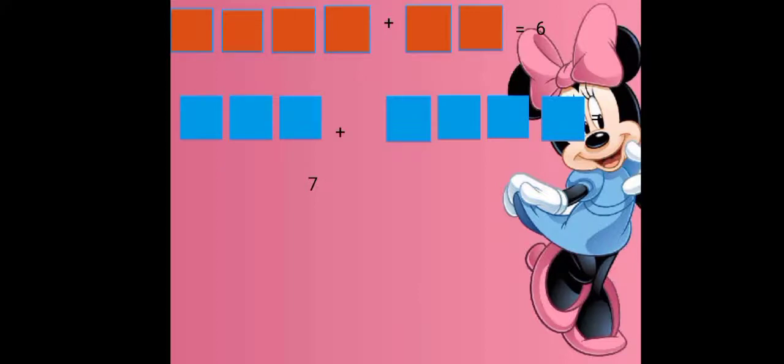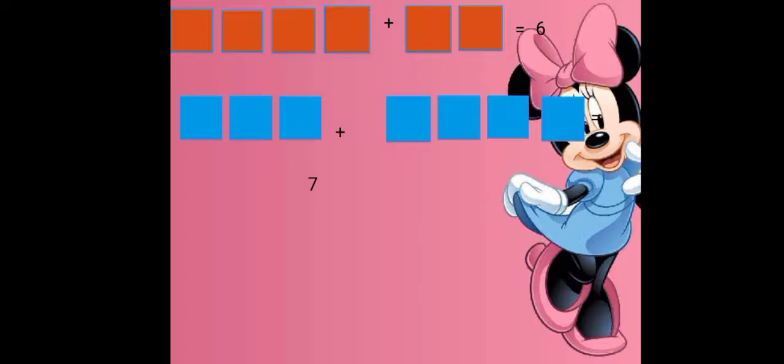1, 2, 3, 4 blocks plus 1, 2 blocks. Very good, students. So 4 blocks plus 2 blocks is equal to 6 blocks. Great.